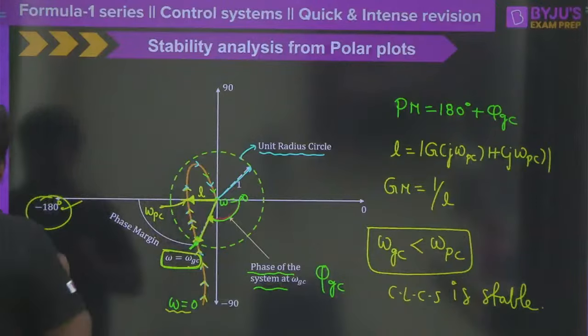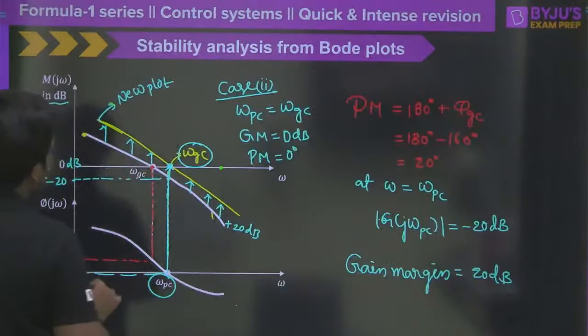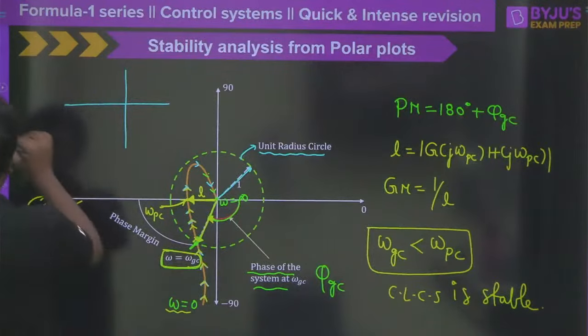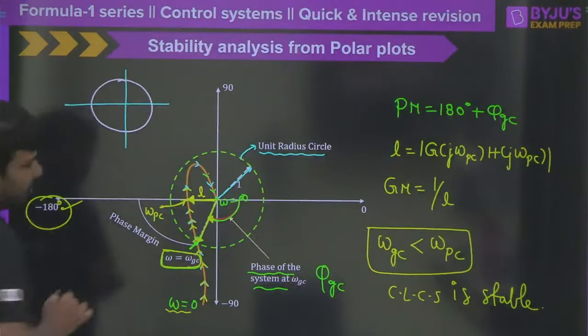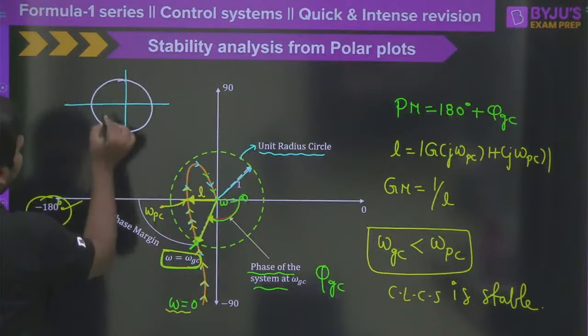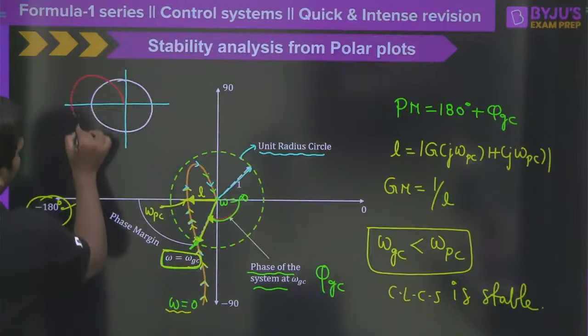Now I have most important information for you. Just let us say we have some graph like this. And maybe the unit radius circle starting itself I am keeping here. So this is a unit radius circle. Very good. Now in case the plot all the way is having like this. Clear?